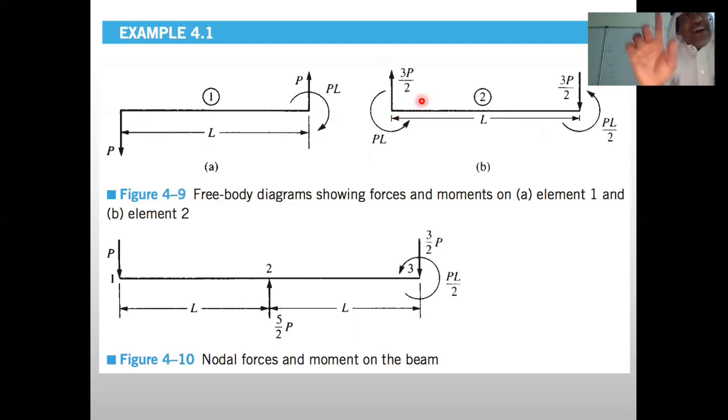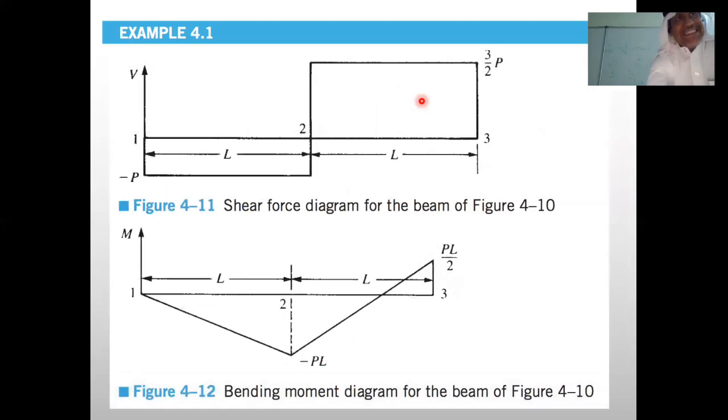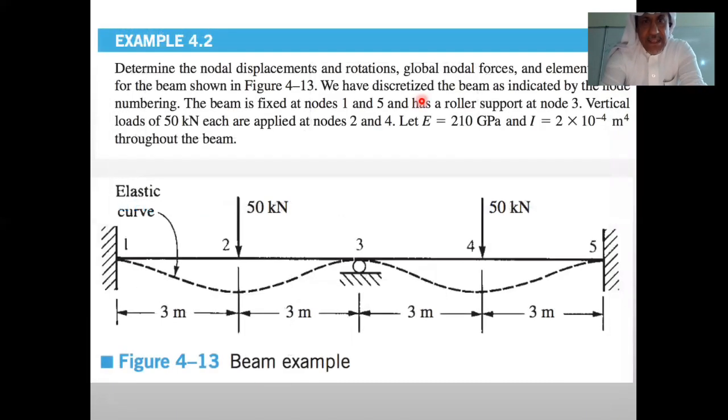Because of the reaction, right? Yes, this is the shear. Look, for the same one, it's the shear minus P, and then it goes to 3P. This is the shear diagram, and this is the bending moment diagram from finite element. Okay, easy.